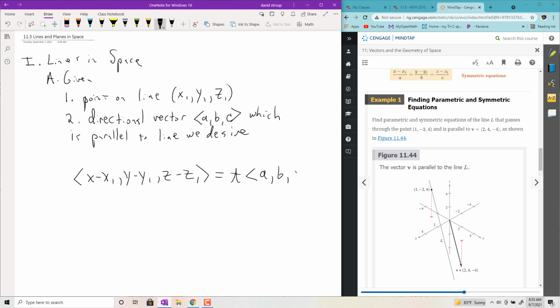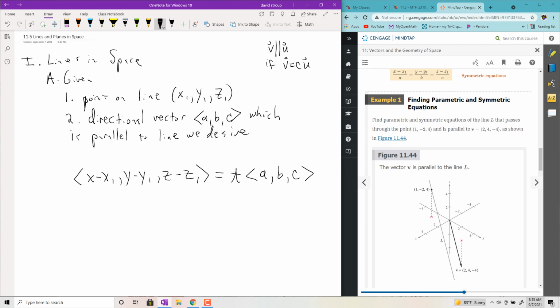a, b, c. So usually we use the letter c when we were doing that previously. Basically we said vector V is parallel to vector U if V is equal to a constant multiple of U, right? That's the same idea here.